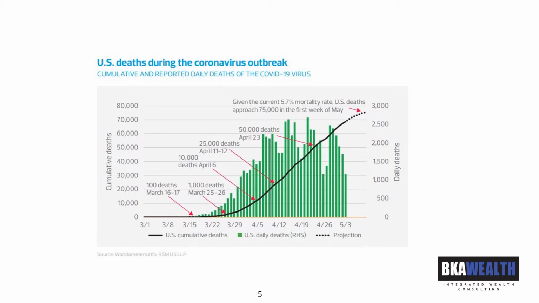The graphic, as you can see, again dates back to the beginning of March, when we have very few cumulative deaths. You can see that number rise consistently through April, 50,000 on April 23rd, and this graphic says approaching 75,000 during the first week of May.